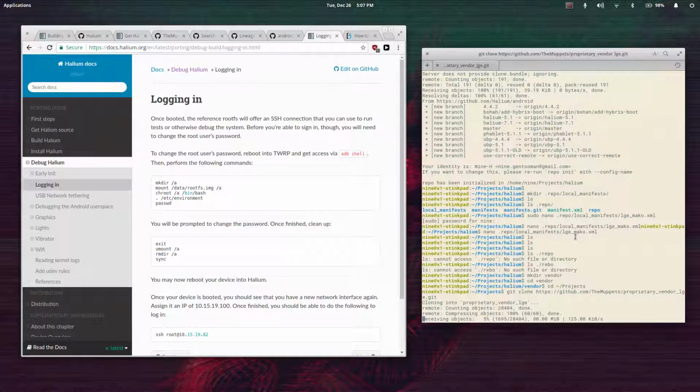But it might make more sense to try and base this stuff off Ubuntu 18.04, which I think is Bionic, whenever that drops, like around April.